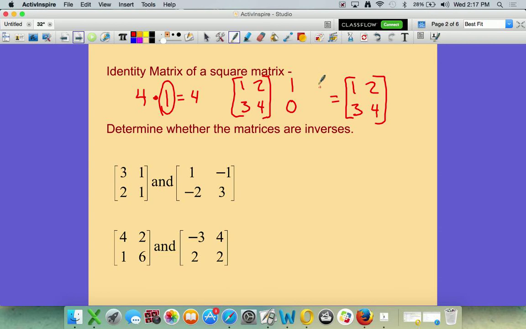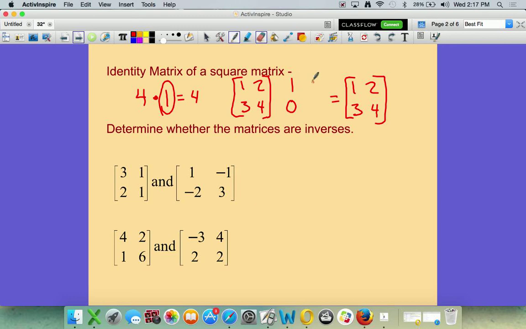Now to get this spot here, we've got to multiply this row by something to get a 2. Well, if I go and put a 1 here, 1 times 1 is 1, 2 times what to give us a 2 for a total here? I don't know. So that's not going to work.